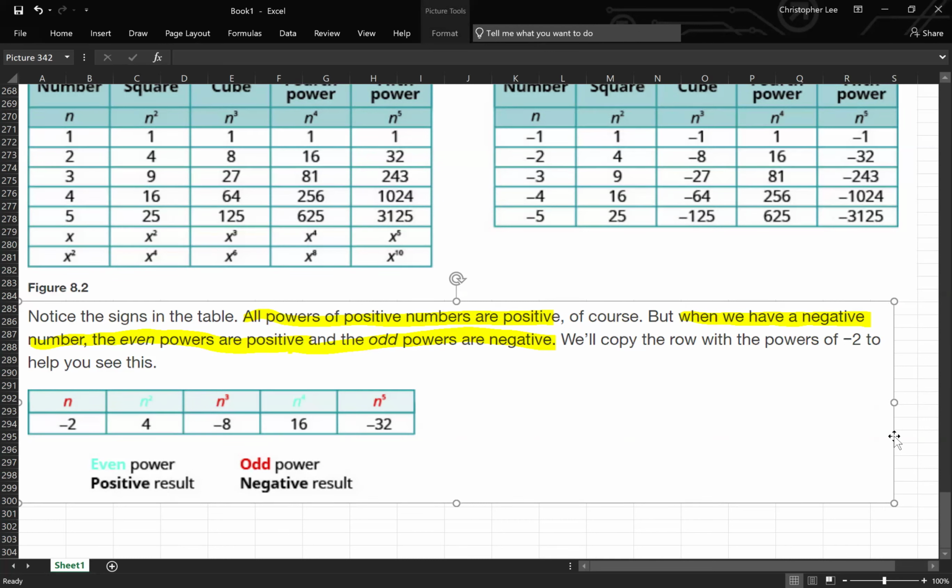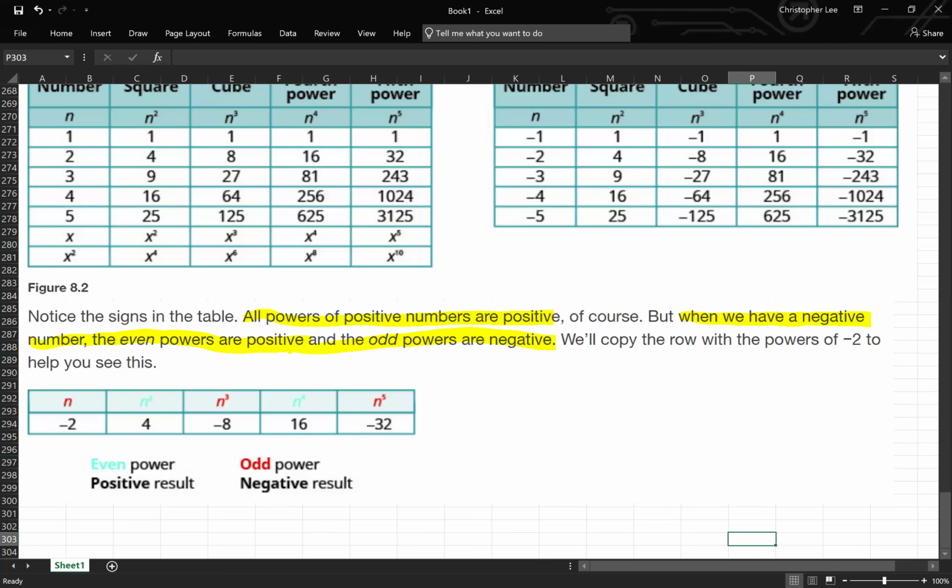When I cube the -2, however, it becomes -8. When I raise it to the fourth power, it becomes 16. When I raise it to the fifth power, it becomes -32. So even powers will give you a positive result. Odd powers, I meant to say, will give you a negative result. Okay. Something good to know.